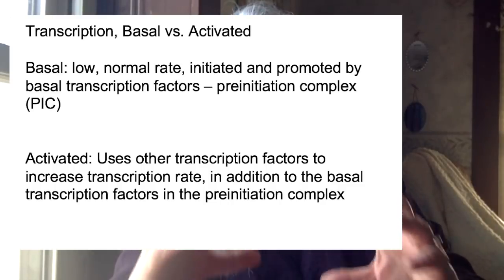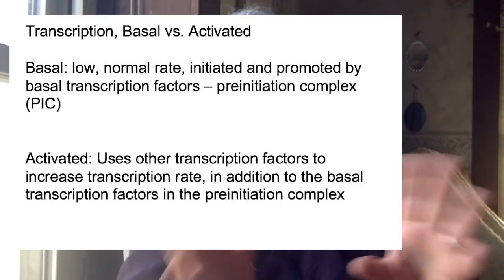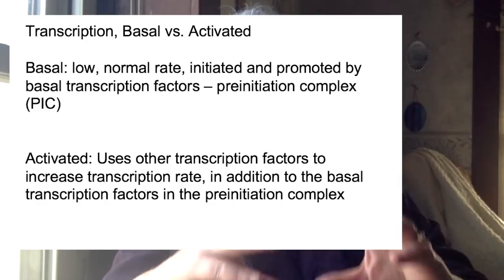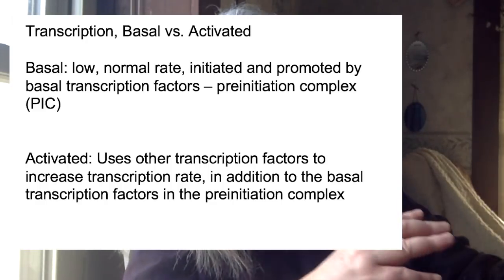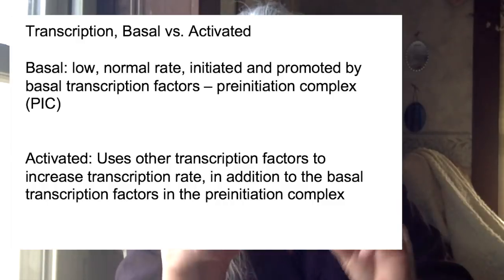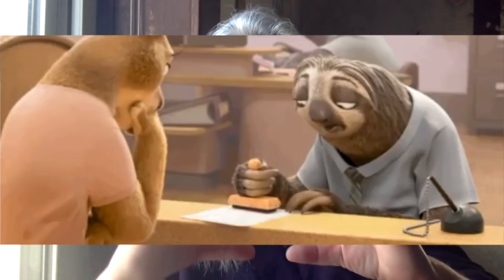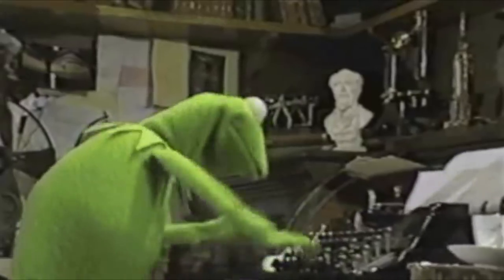That means that you have something else available besides the basal transcription machinery that's going to additionally help the polymerase to transcribe this gene more often. And so that's activated. Basal just means it's the low normal rate of transcription for that gene. An activated transcriptional rate means it's a higher rate than basal.